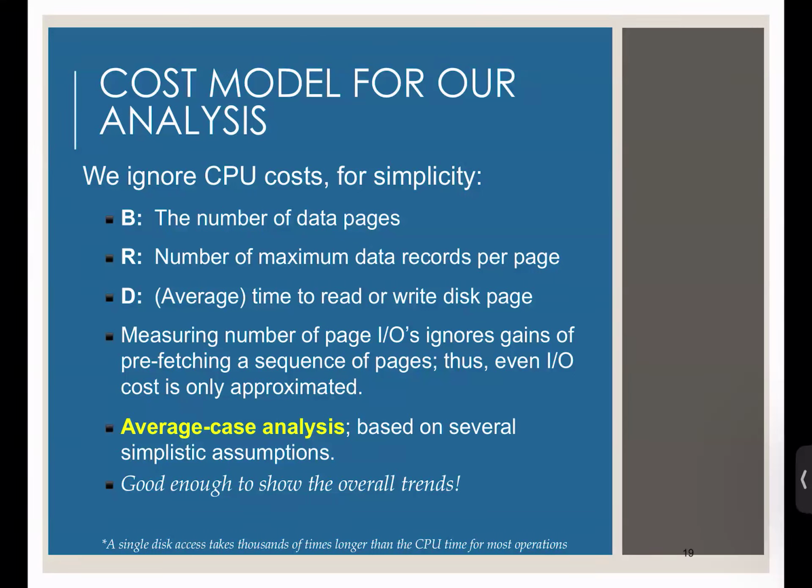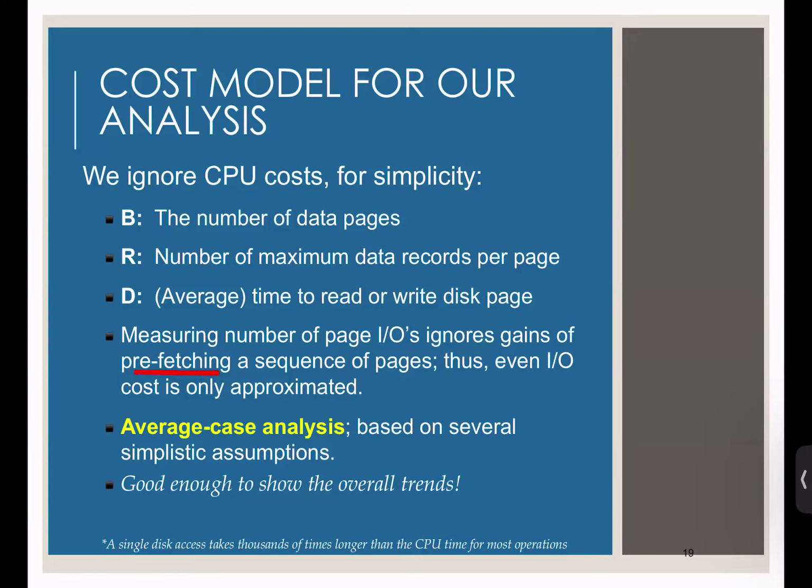Okay, and our goal is to measure the number of page IOs to do different operations of the typical things. We have scan, insert, delete, whatever. We will ignore the prefetching or anything that the OS could do for you. Sometimes the OS is intelligent enough to say, oh, I know that you will be reading this page and this page, so I'm on this page right now, just take all 5 pages because I know that you will use them later.